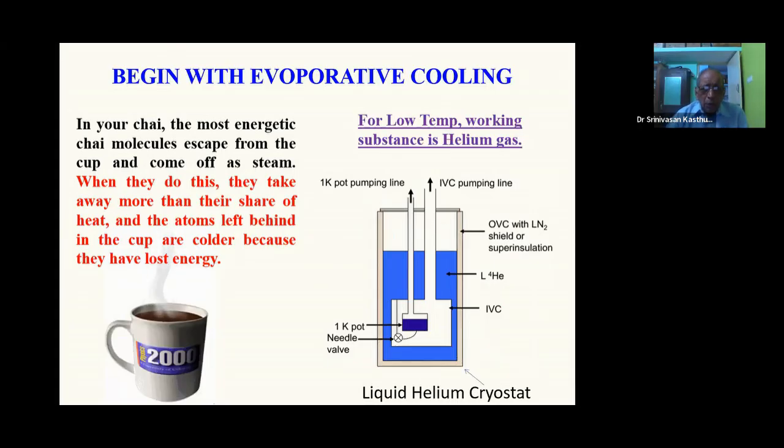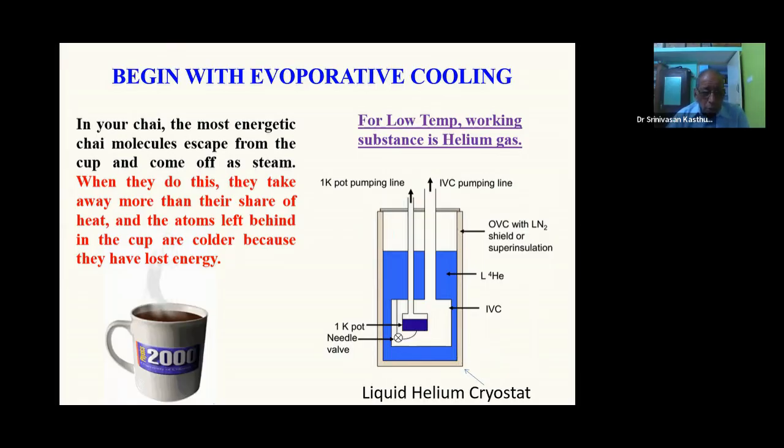Okay, let us start with evaporative cooling. If you take your cup of tea, the most energetic tea molecules escape from the cup and go out as steam. When they do this, they take away their share of heat, and the atoms left behind in the cup are colder because they have lost their energy.